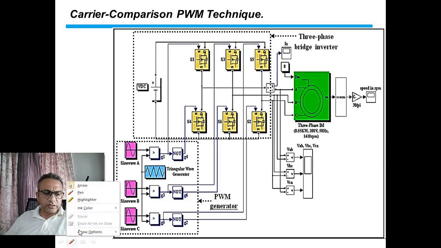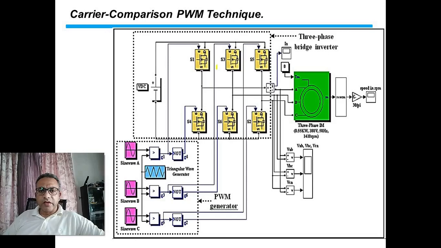So let us look at the circuit one by one. First of all, we have S1, S3, S5, S4, S6 and S2. They make up our DC to AC three-phase inverter. Here is the input DC voltage, positive terminal, negative terminal, and then comes the six power electronic switches from S1 to S6, and they make up the three-phase inverter.